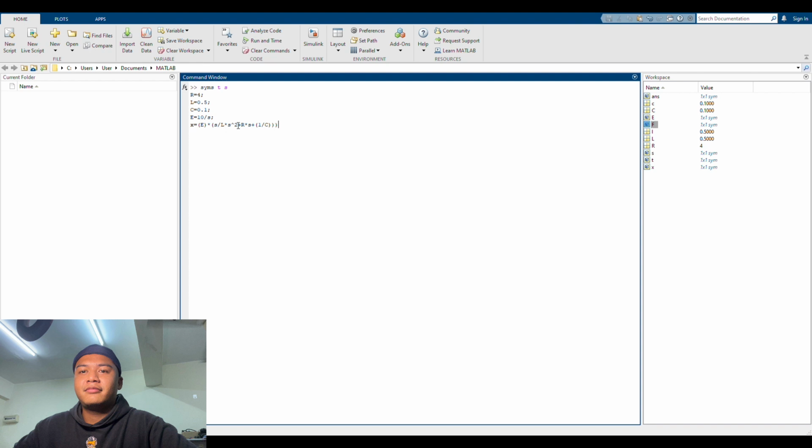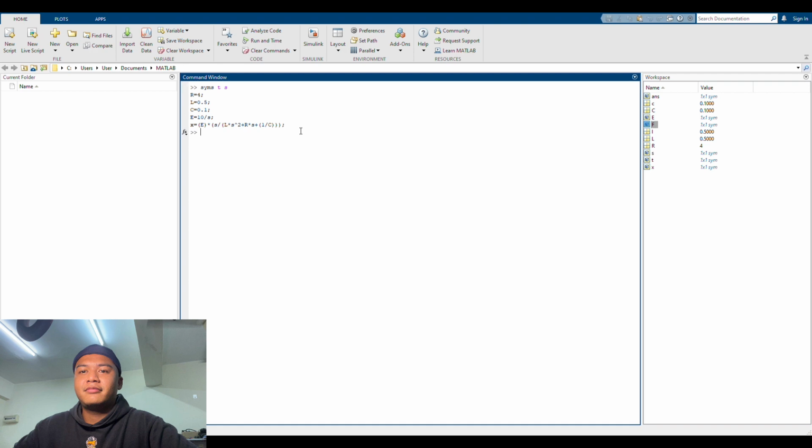I use a 3 close bracket because from the first equation I opened the bracket with a 3 open bracket. Then lastly I close with a 3 close bracket, then semicolon.